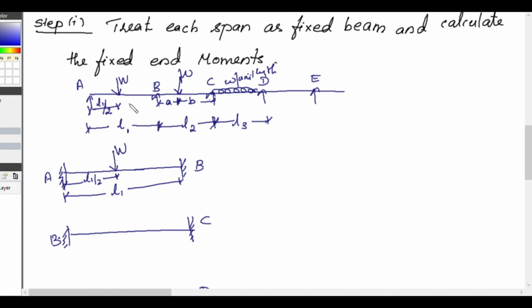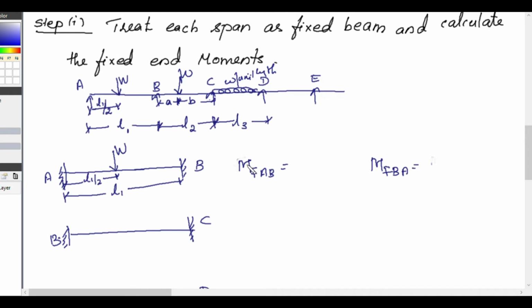This fixed end moments can be calculated as, so we have two fixed ends. One is A, another one is B. So we have fixed moments, that is MF of AB, and we have MF of BA.